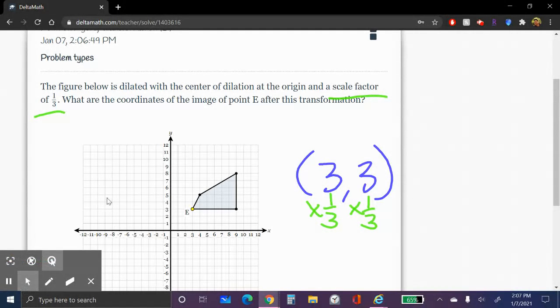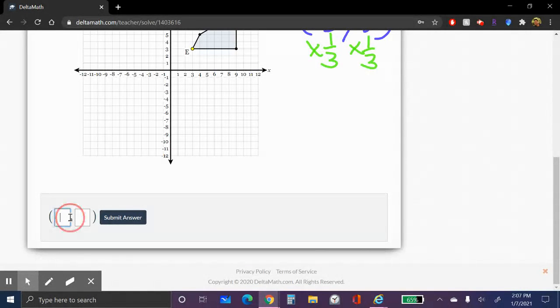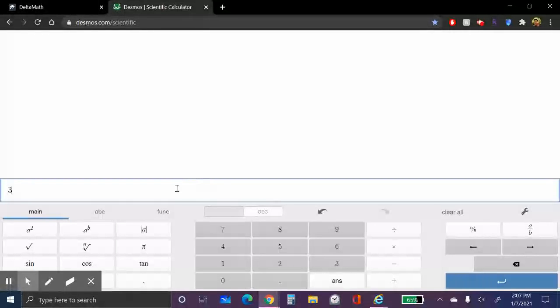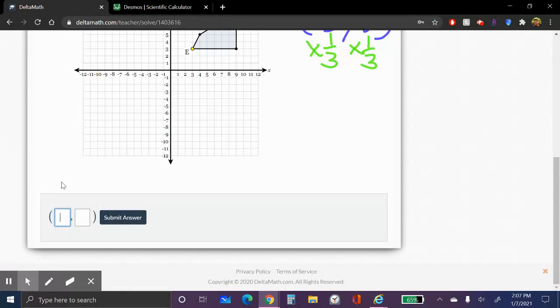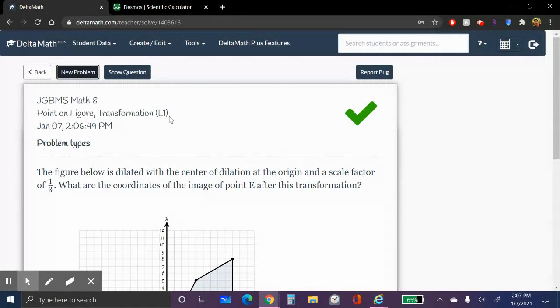And when I multiply 3 times 1/3, I'm going to be the human calculator, or you could use a calculator. 3 times 1/3 is 1. So it's going to be 1, 1. Yes. All right.